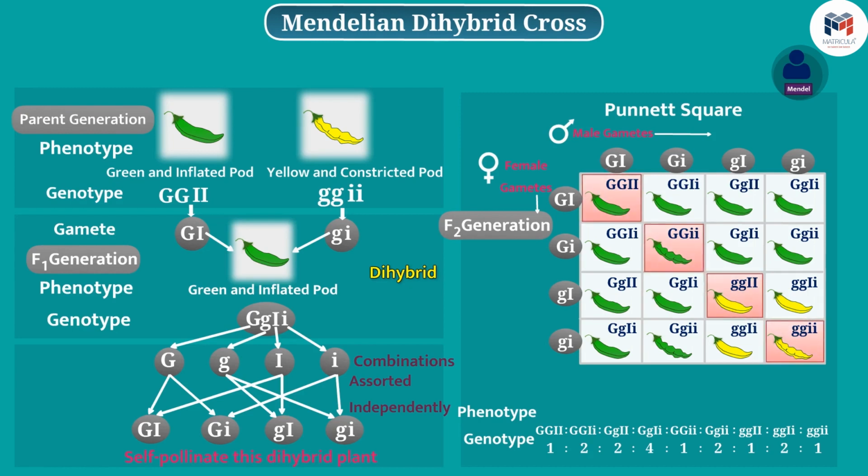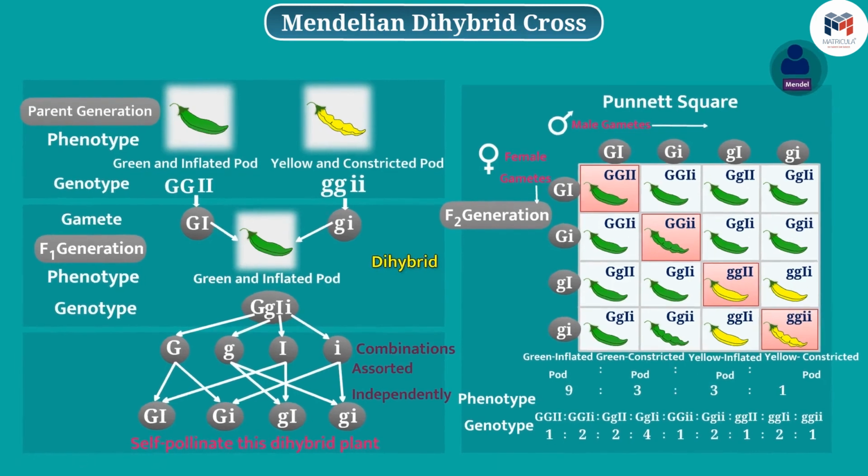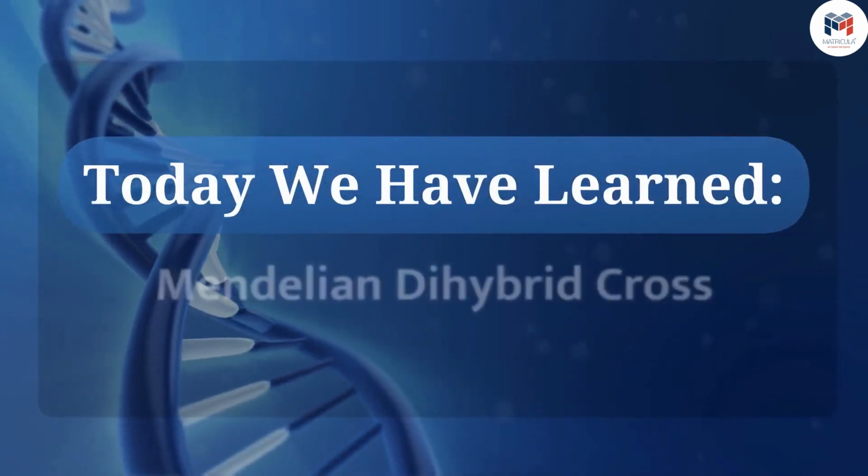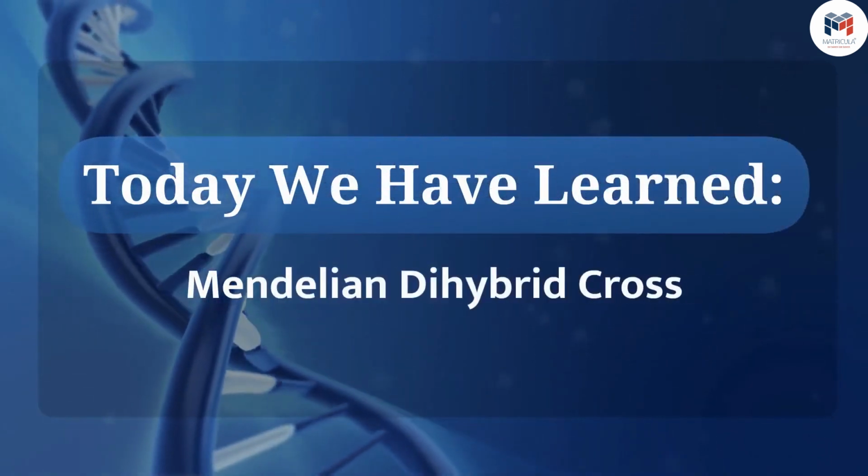Therefore, in F2 generation of dihybrid cross, only 4 phenotypes will be obtained. The ratio of this is as follows. So now you must have understood the law of independent assortment of inheritance. So today we have learned about the Mendelian dihybrid cross.